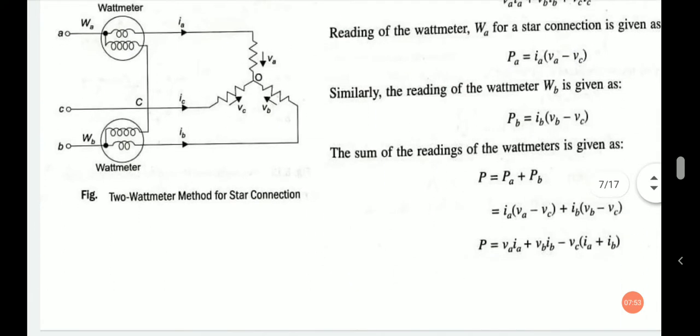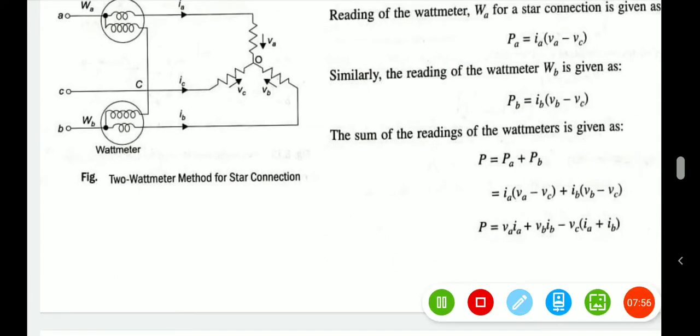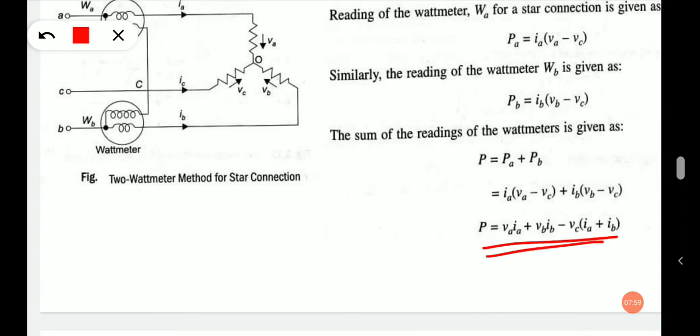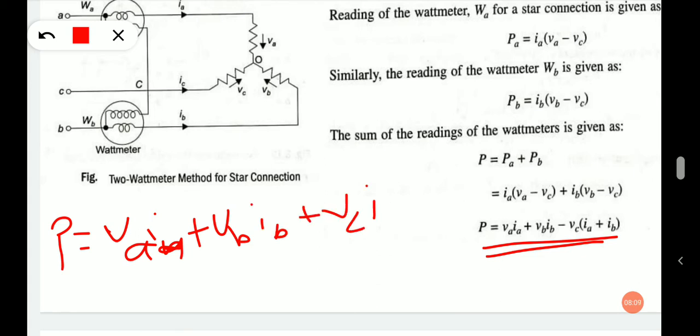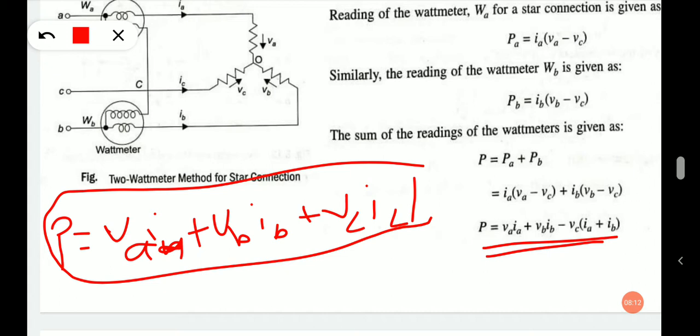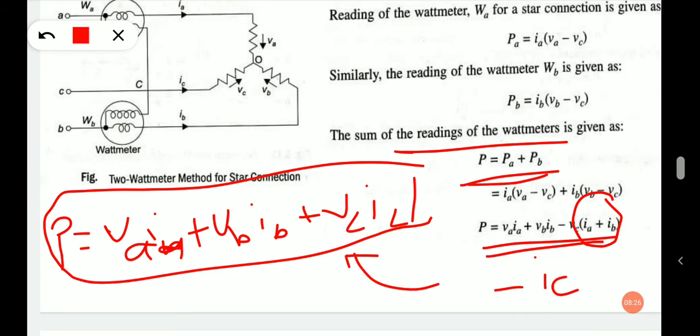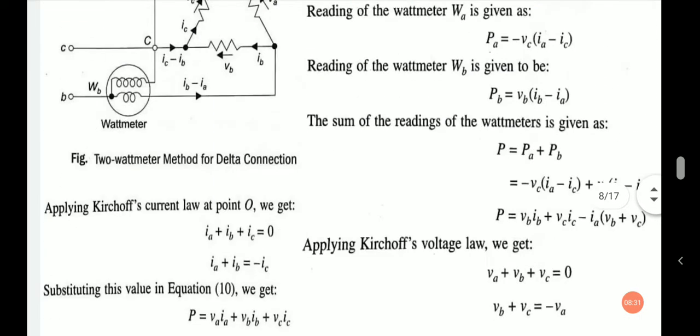Then we will get P equals VA IA plus VB IB plus VC IC. This is the sum of the readings of the wattmeters, P equals PA plus PB, where we have substituted IA plus IB as minus IC.